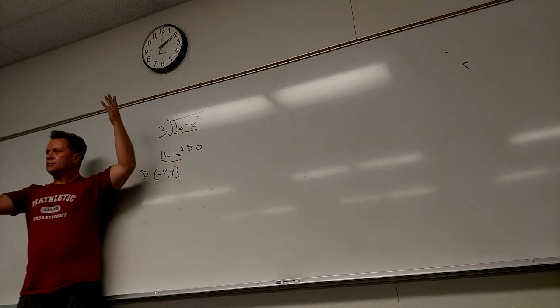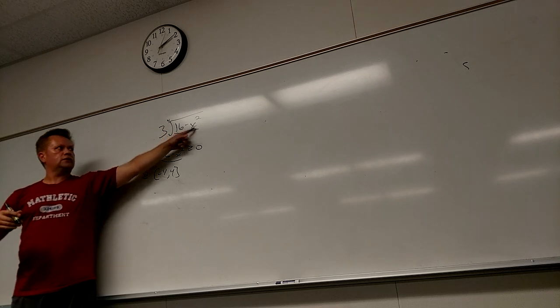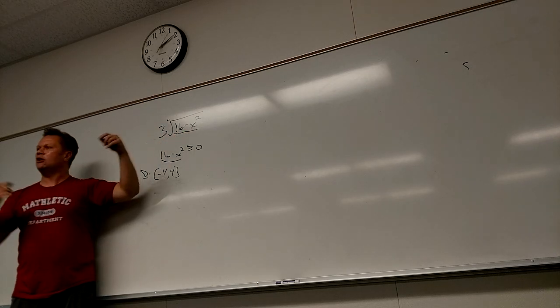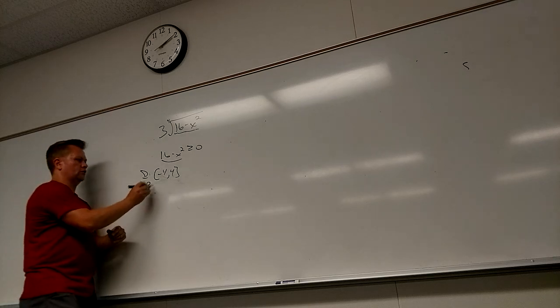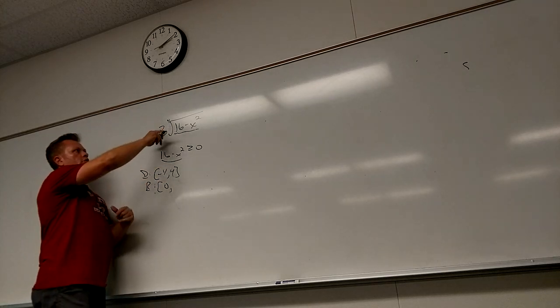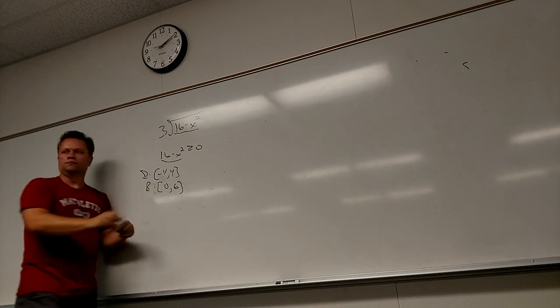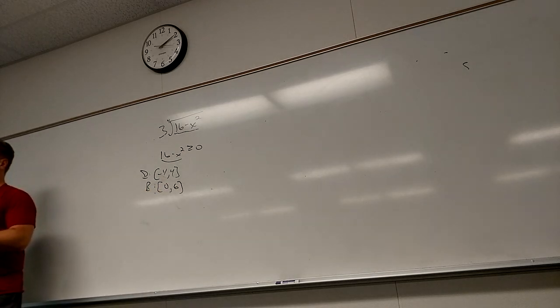And the maximum is going to be 3 times the square root of 16 when x is 0. I'm taking away the least. I'm making the whole thing the biggest. So the range is from the smallest, 0, to 3 times the square root of 16, which is 12. So that's where that came from. Is that cool? I like it.